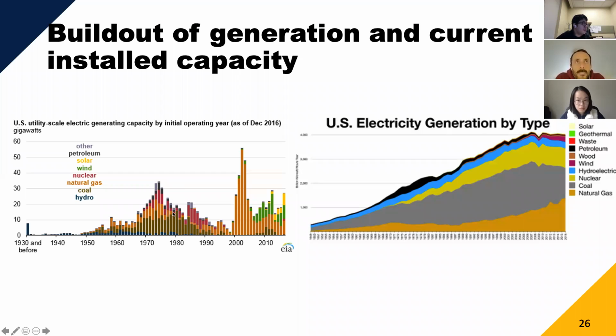The red is the nuclear, and so you can see in the 70s and in the 80s is the big period of time in which there was a substantial installation and construction of nuclear power plants, and that has since kind of faded away.